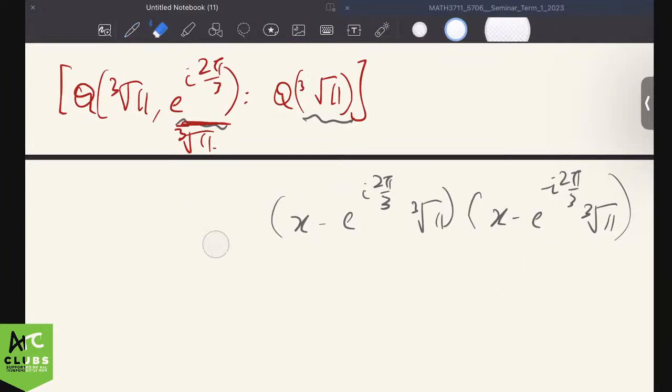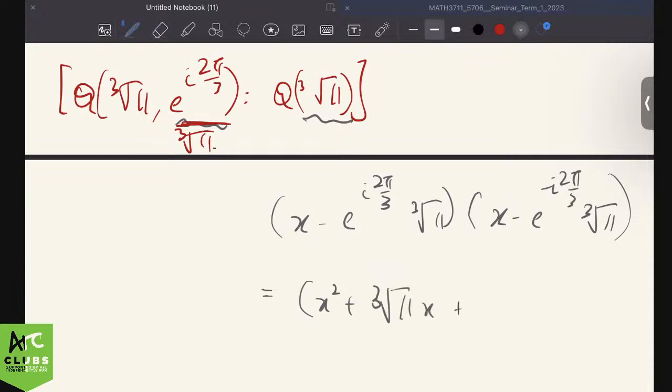But we know that if we combine these 2 roots, we'll get x squared minus, it will actually be plus this on 2, and that squared.